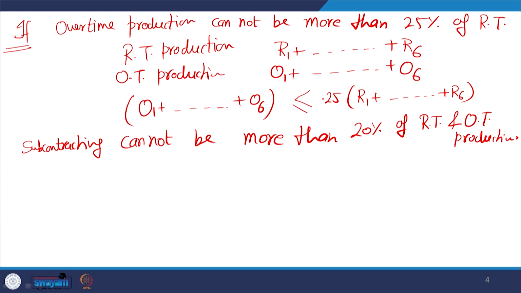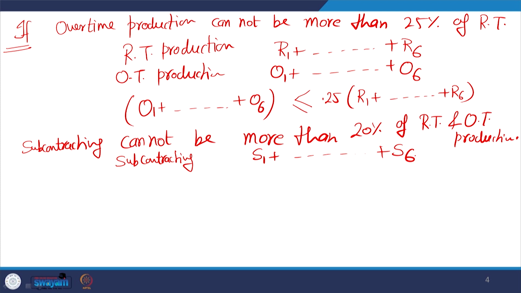Now, regular time production we have just seen R1 to R6, overtime production is O1 to O6, and subcontracting production is S1 to S6.